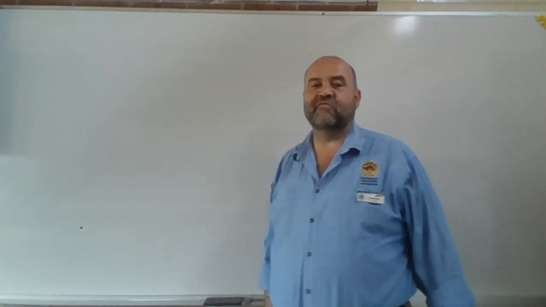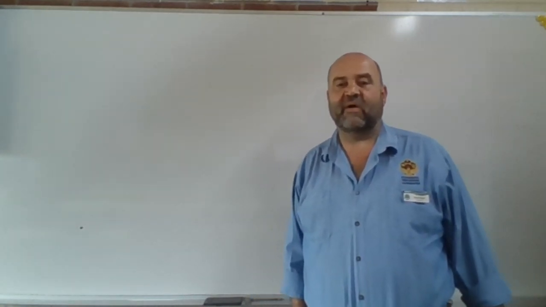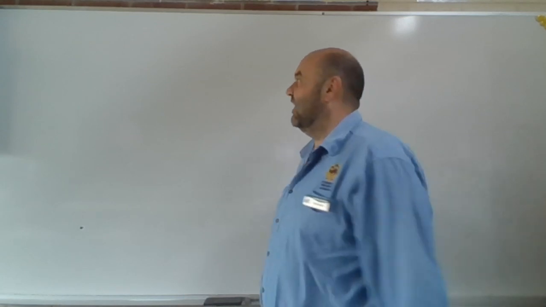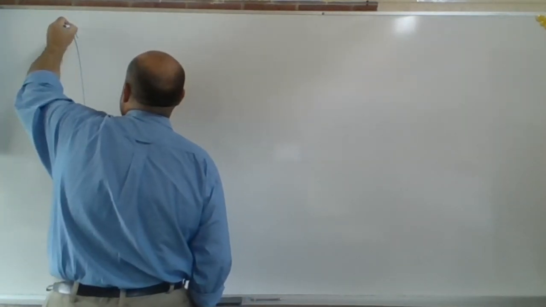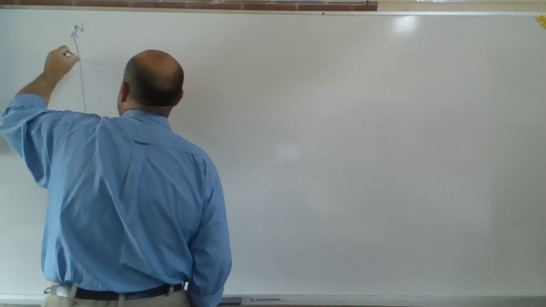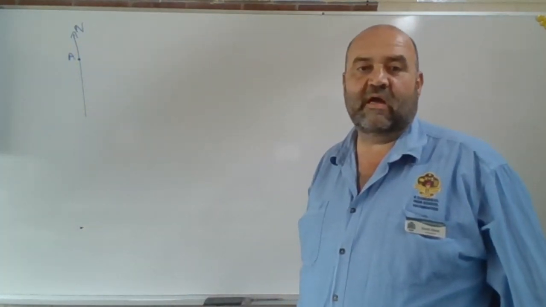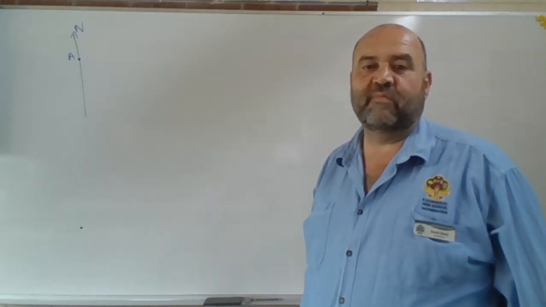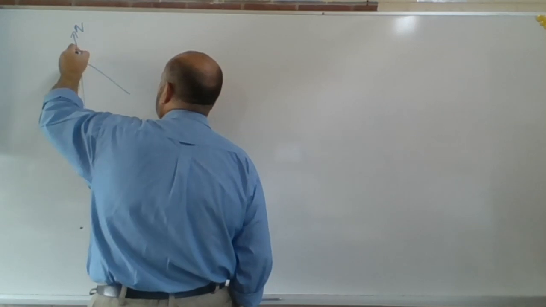Question 14 tells us that a hiker walks on a triangular pathway starting at point A. It gives us this diagram here. That's north. There's point A. It says he walks to point B on a bearing of 140 degrees.